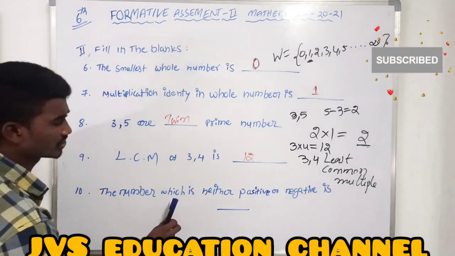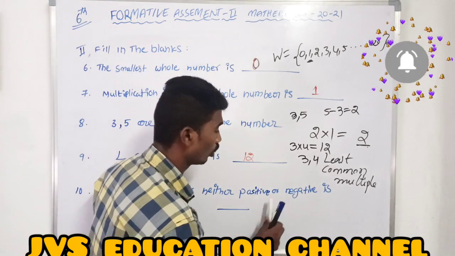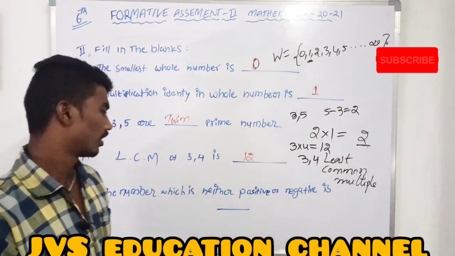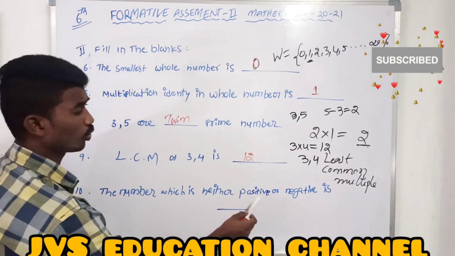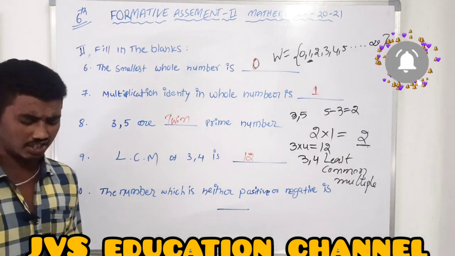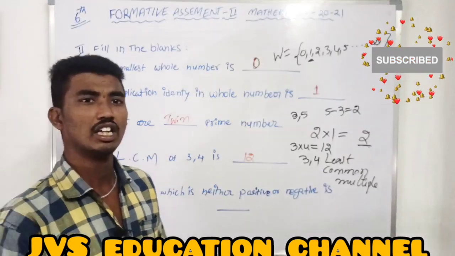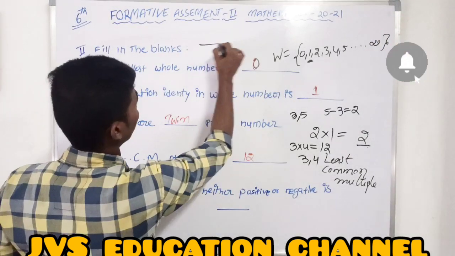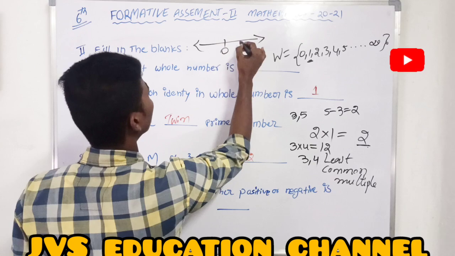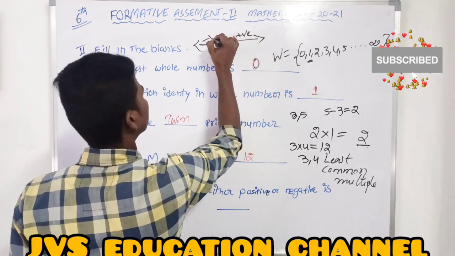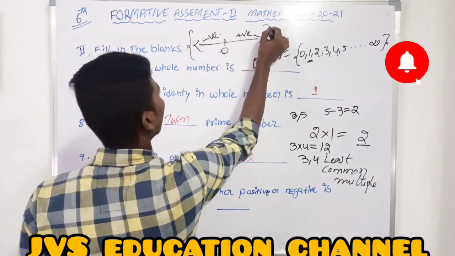The number which is neither positive nor negative. Listen, what is the word? Neither positive nor negative, a number which is not positive and not negative. What is that number? Listen, on the number line we have 0, positive integers, negative integers. These are our set of integers.